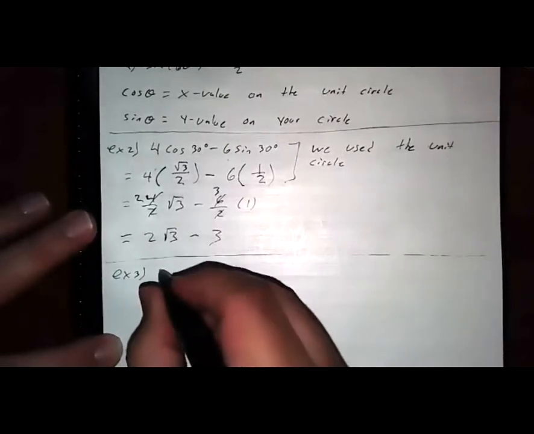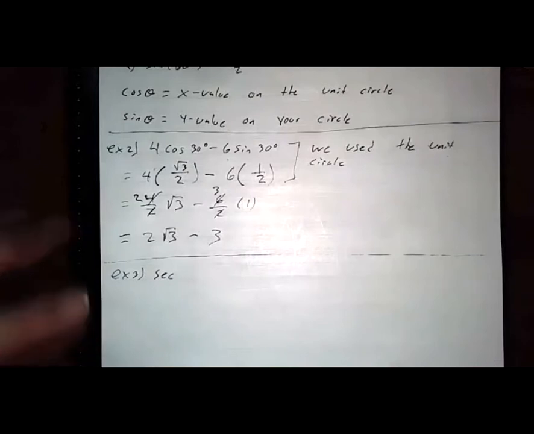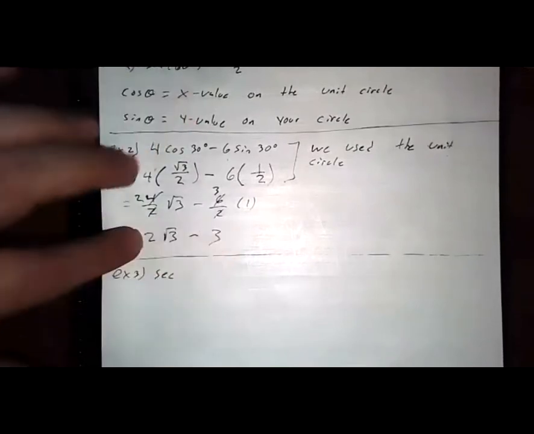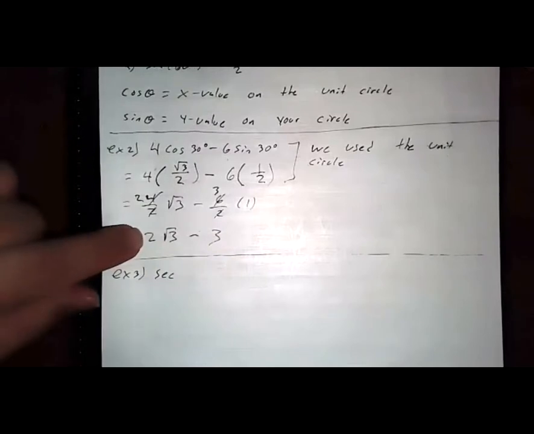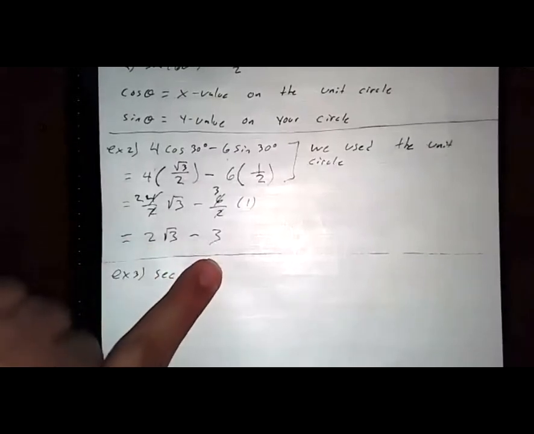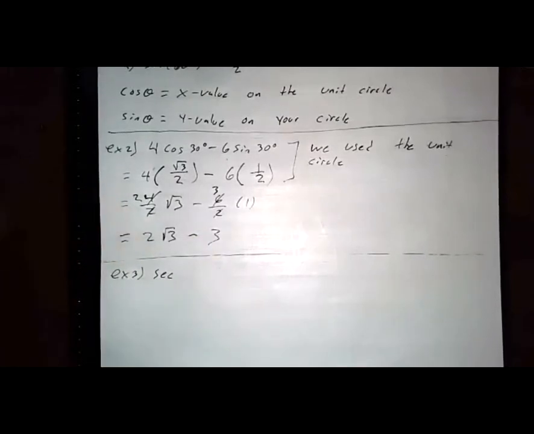Okay. How do you know when you're done simplifying it? If you can't factor anything, if you can't reduce anything, there's no more fractions. You can't combine these. See how this is a 2 square root 3? In order to combine them, this would also have to be a square root. So this is exact, and that's as far as you can go. The next step is calculator approximation, the decimal.